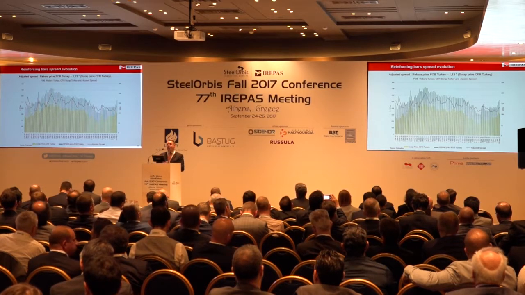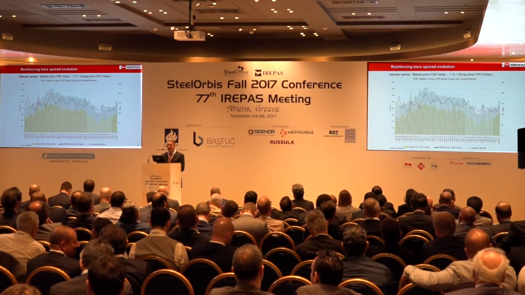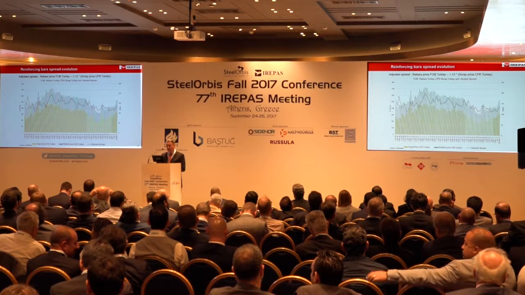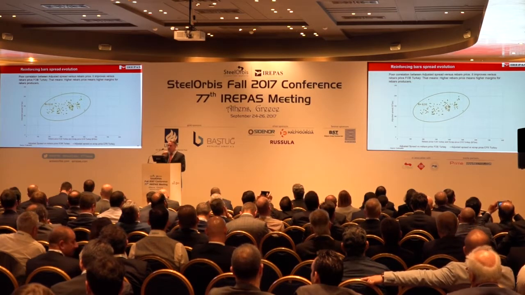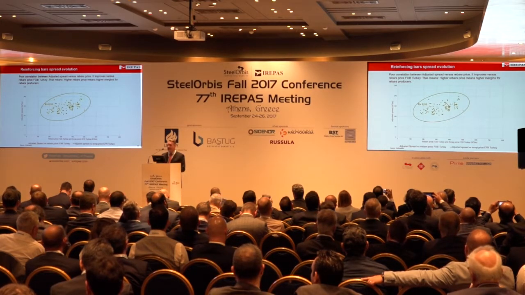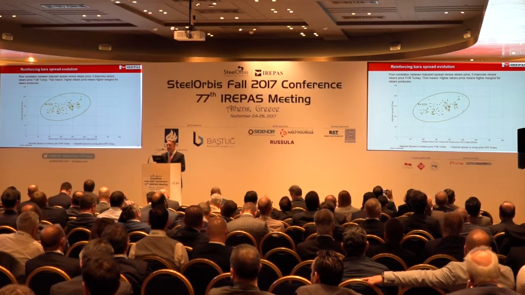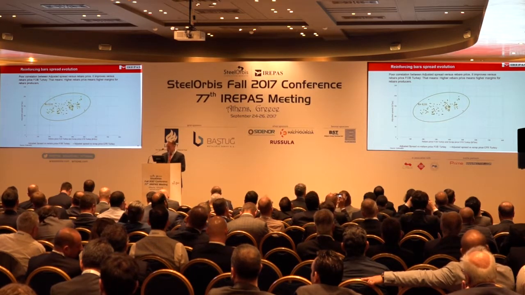So if we create this adjusted spread, we see that the correlation with rebar's price and scrap is lower. If we do the same exercise as before, and we draw all these dots of the adjusted spread with the scrap price, we see that the correlation is low.